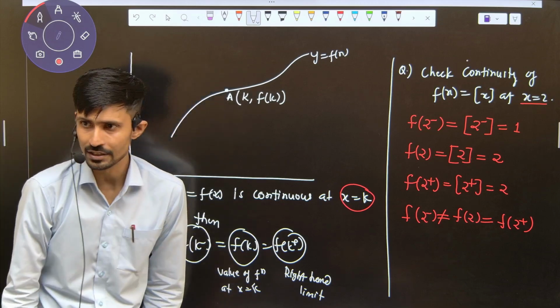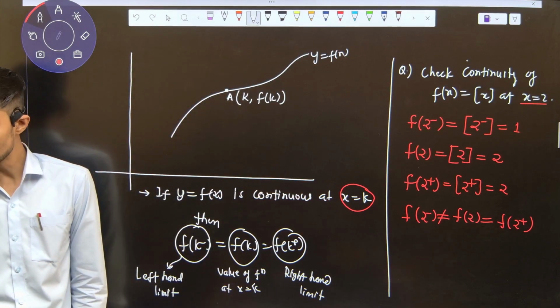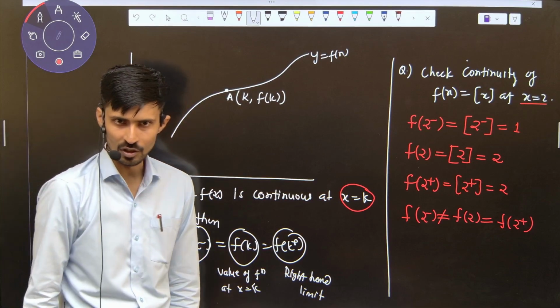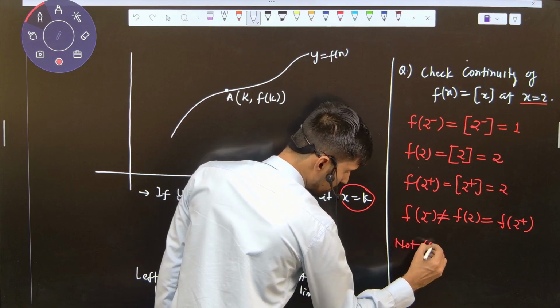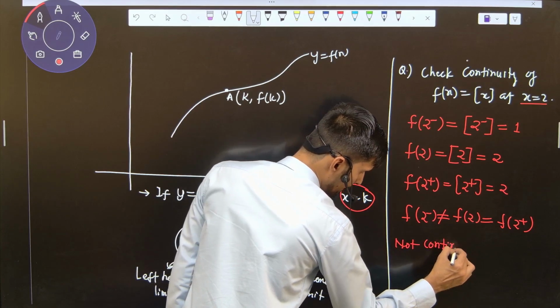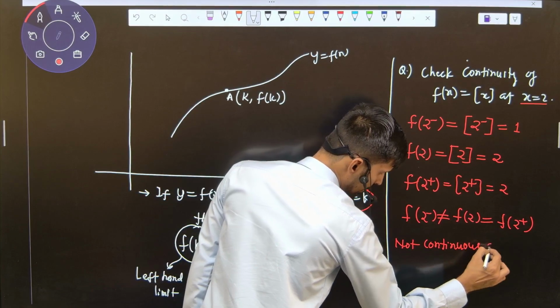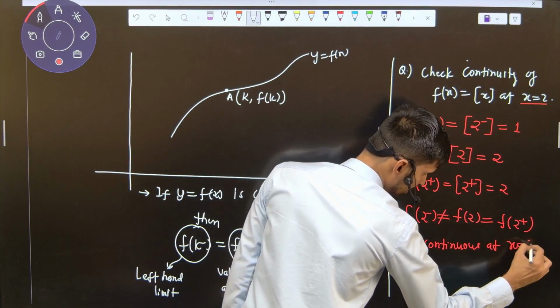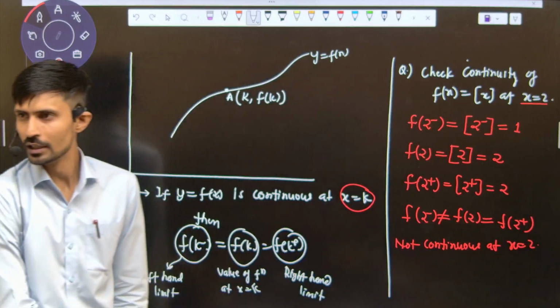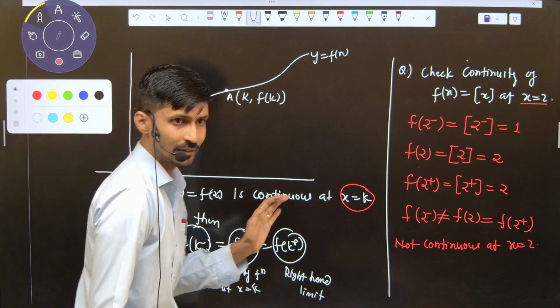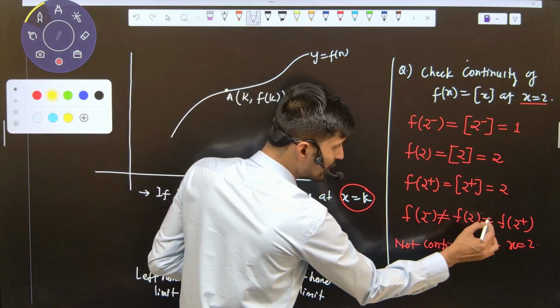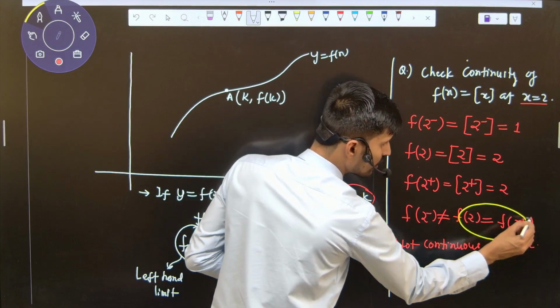So what we'll say, it is not continuous at x is equals to 2. But one thing we can say, the right value is equal, yes or no?